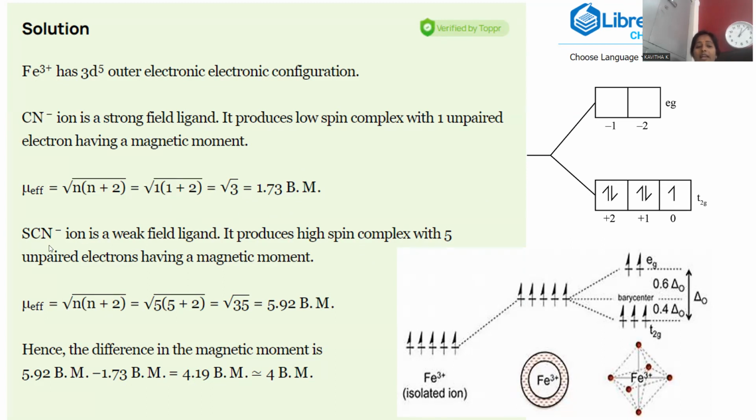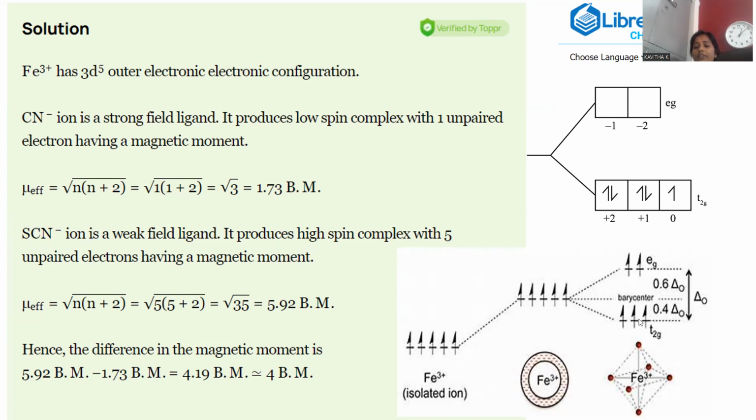Let's go with thiocyanate. Thiocyanate is a weak field ligand, so it produces a high spin complex. In high spin, upon octahedral splitting, 3 electrons lie in the t2g orbitals and 2 electrons jump into the eg orbitals, so 5 unpaired electrons are present.